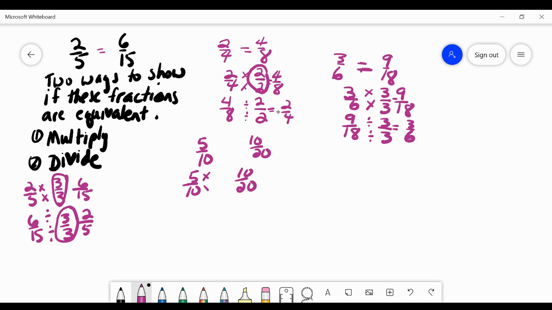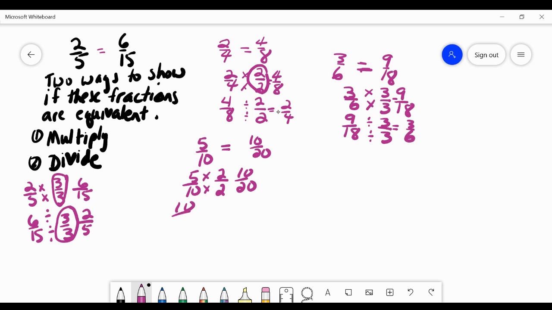So 5 times what will give us 10? It'd be 2. So if we use 2 for the numerator, we have to use 2 as the denominator because the fraction that you're multiplying by has to be equivalent to 1. So 5 times 2 is 10, and 10 times 2 is 20. Yes, they're equivalent.